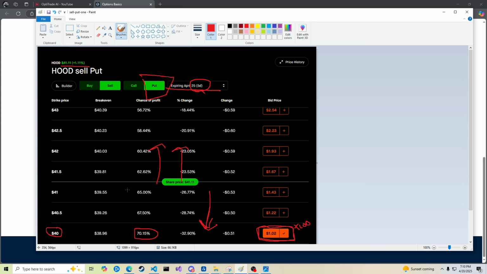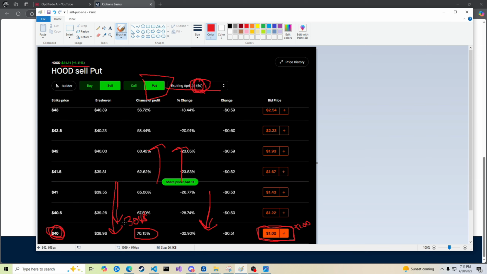Okay. And again, I think we covered it, but just to touch on it one more time, if the stock goes below $40, we have to buy the shares at $40 per share. Okay, so let's say we hit another stock market crash or we go into more of a recession, the stock drops 20-30%, whatever it may be, and let's say the stock is now trading at $30 per share when this contract expires.